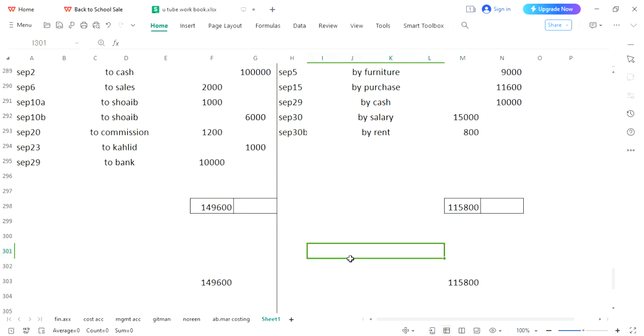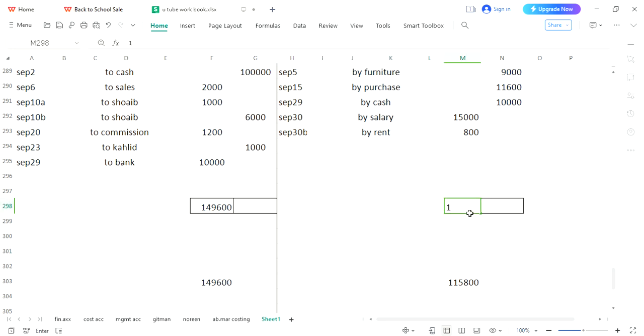Debit side 149600, credit side same, you are going to put 149600.